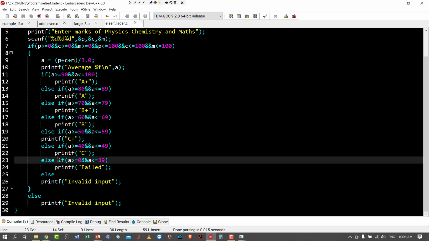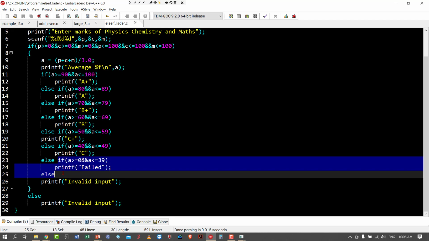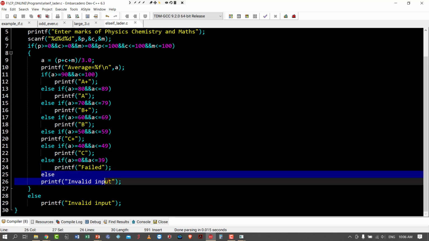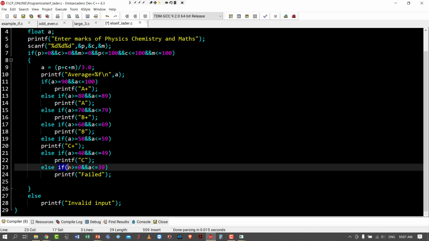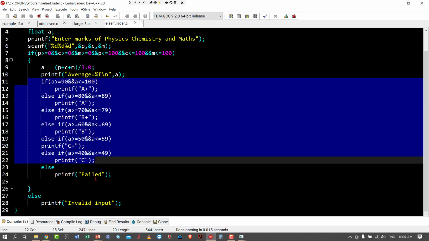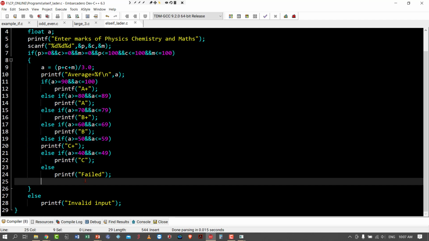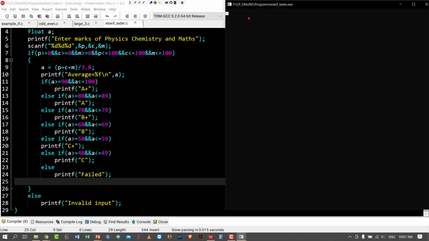Instead, you can write something like this one. If it falls in the range, and if all these conditions are false, then we can treat it as a failed condition.